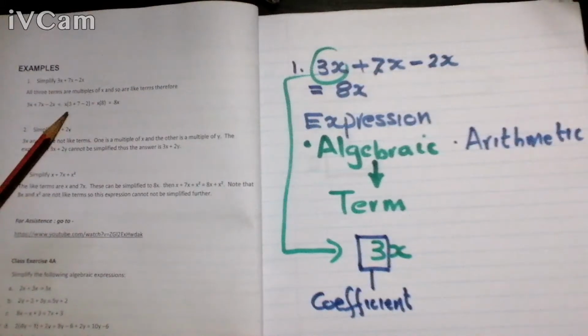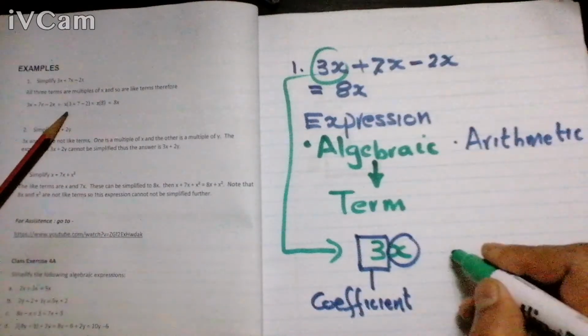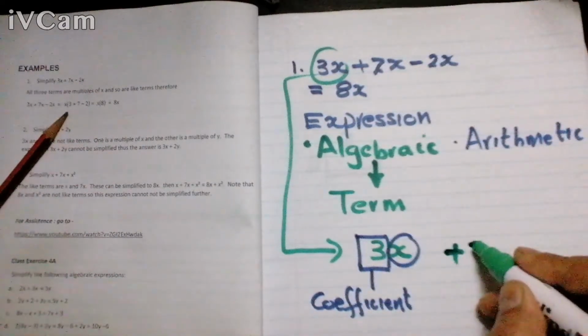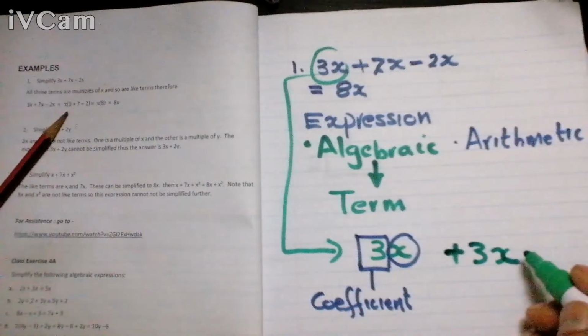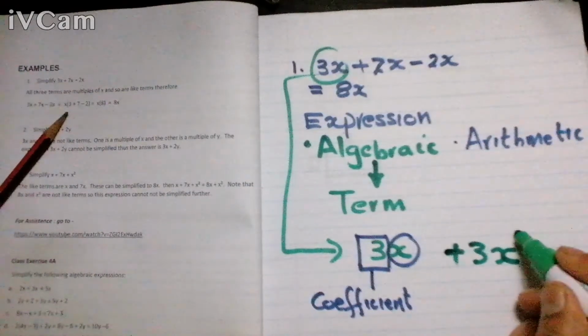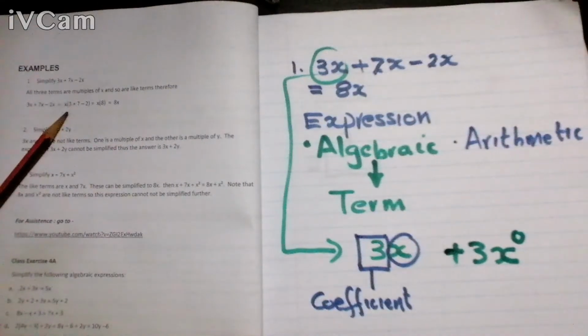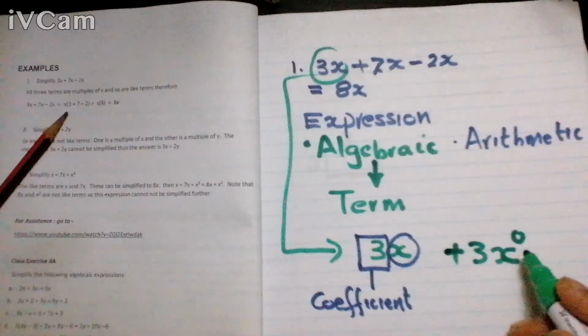So this is the variable, which is x, but it is also comprised of an exponent which is not visible. So if we had to show everything that's visible to a term, this is actually a plus 3, that's x, and there's an exponent here.